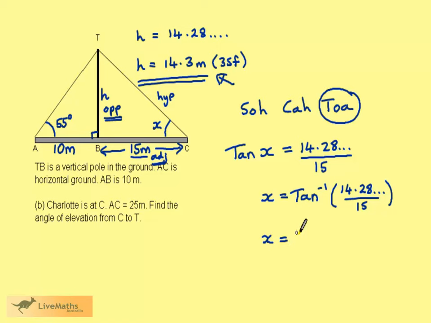Doing the calculation then, I press shift tan, open bracket, answer divided by 15, close bracket, equals, and if you follow this calculation you should get 43.59 and so on, and therefore x is 43.6 degrees, correct to 3 significant figures.